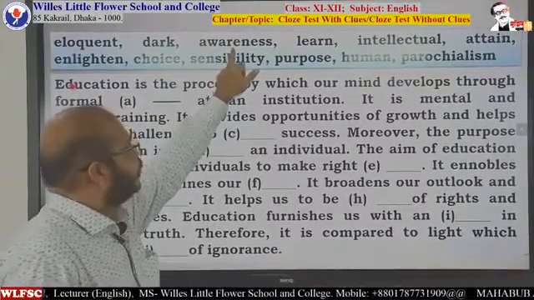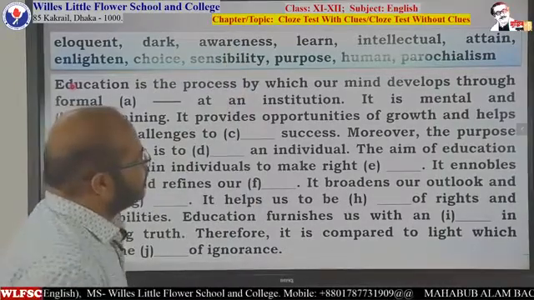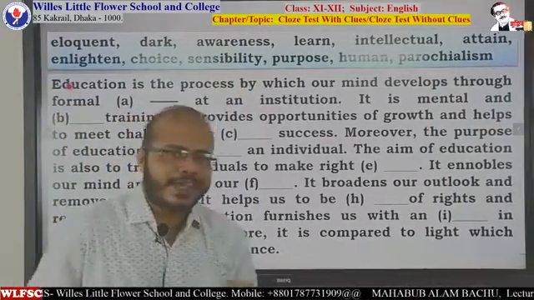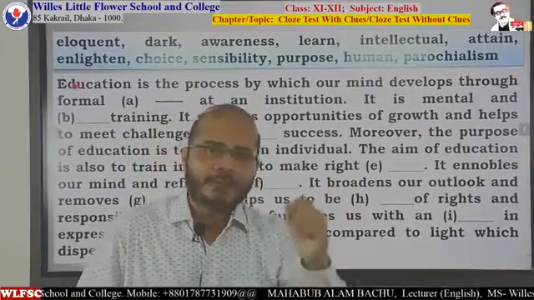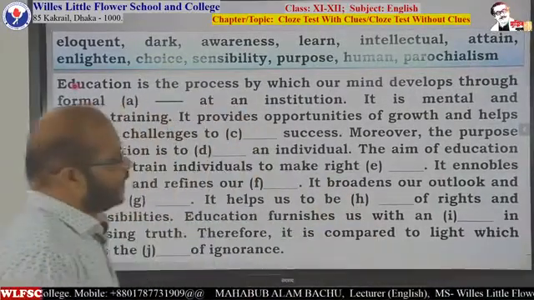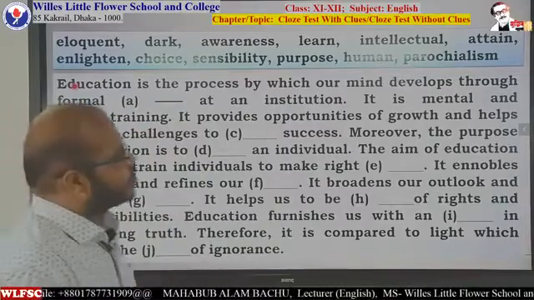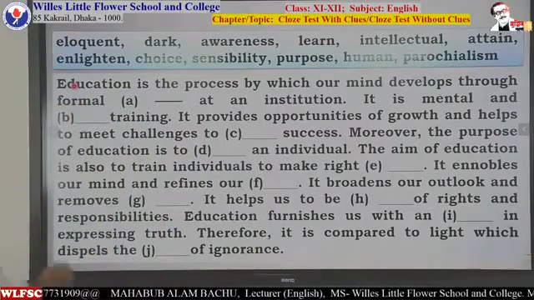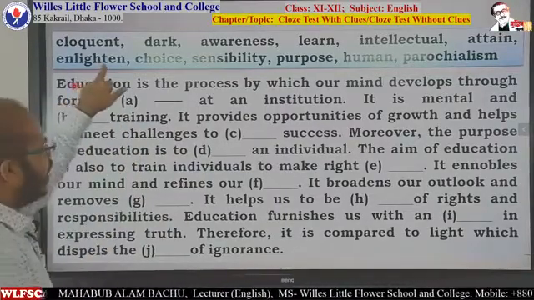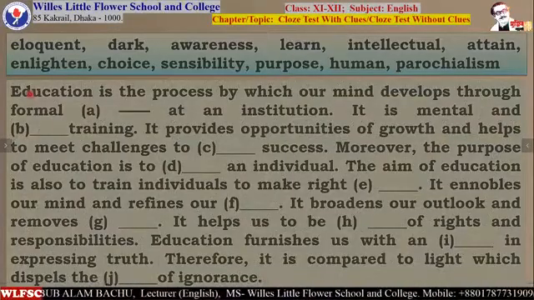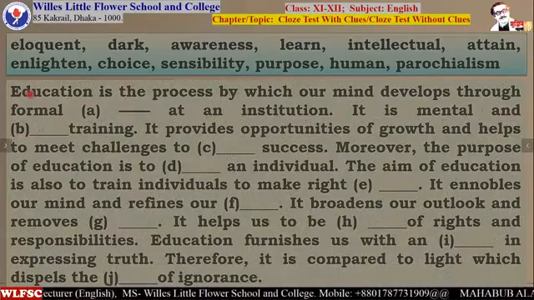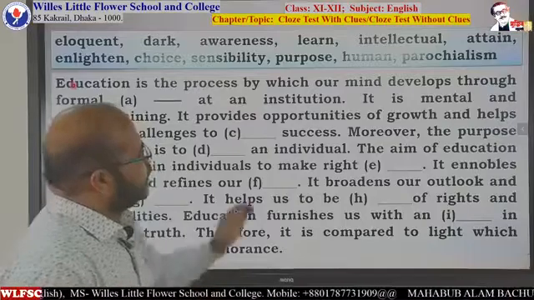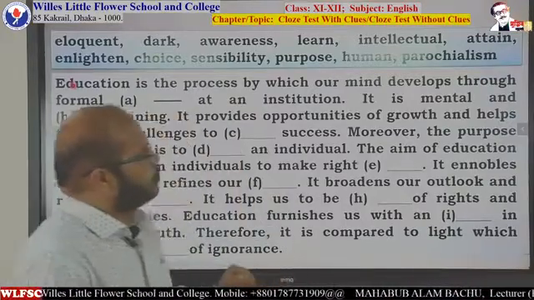Learn, you can change it into learning, meaning education. Intellectual, from intellect. Attain is a verb. Enlighten is also a verb. Choice is a noun. Sensibility, noun form. Purpose, noun form. Human, noun form.